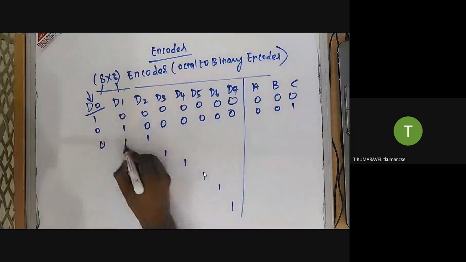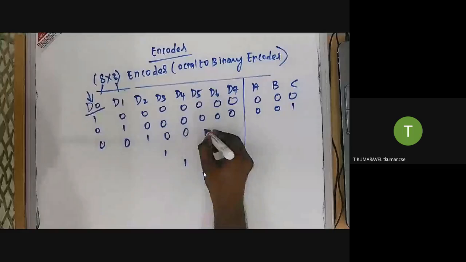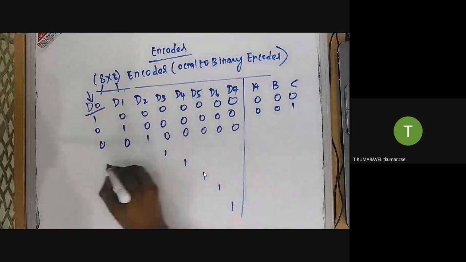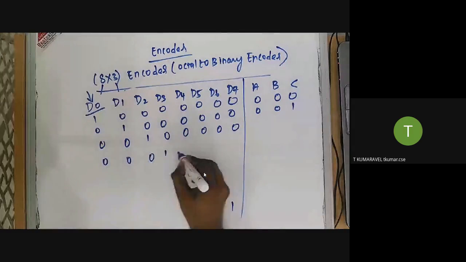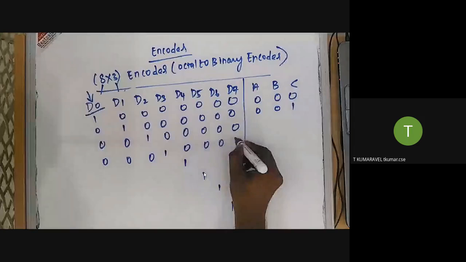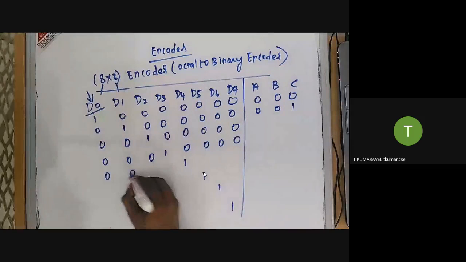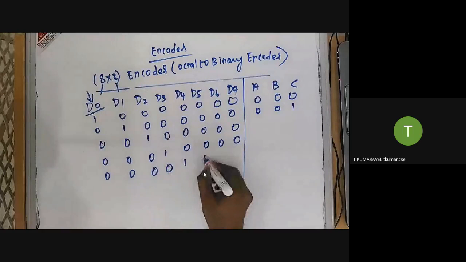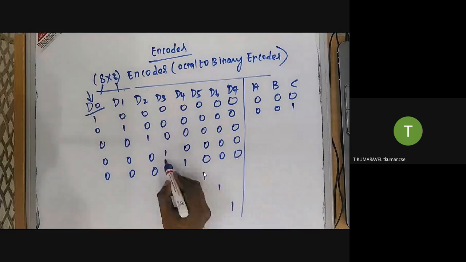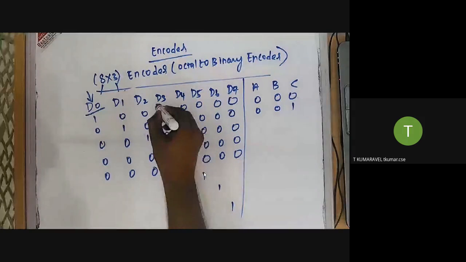What do you understand from this? At a time only one bit is enabled and the rest of the bits are disabled. That is the meaning. So what is the output for that respective bit? Suppose here it is 1, you go to the D value, and the subscript value is the output value.